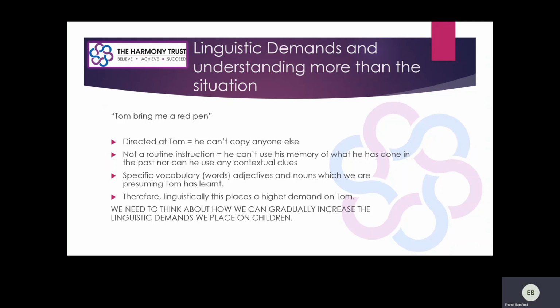You might have heard of a programme called the Derbyshire Language Scheme. If not, don't worry. We are going to talk about what they recommend now, and it's all to do with information carrying words.